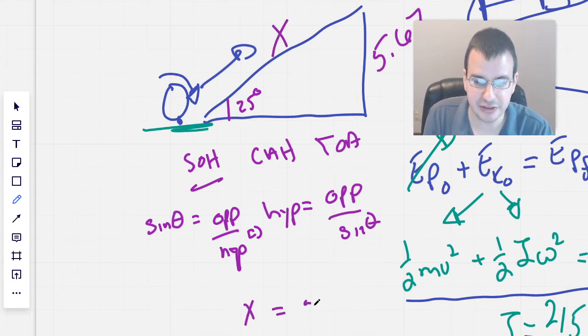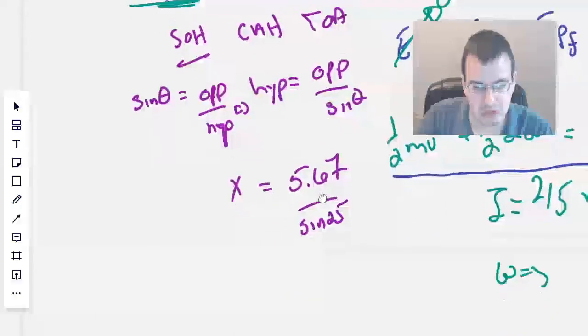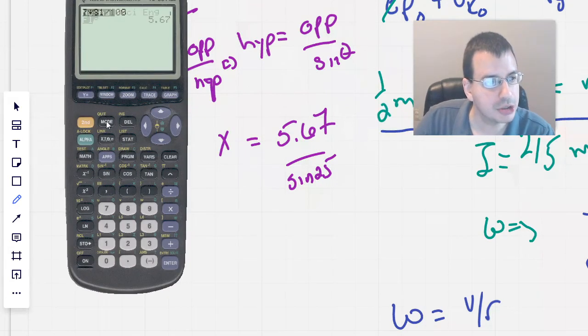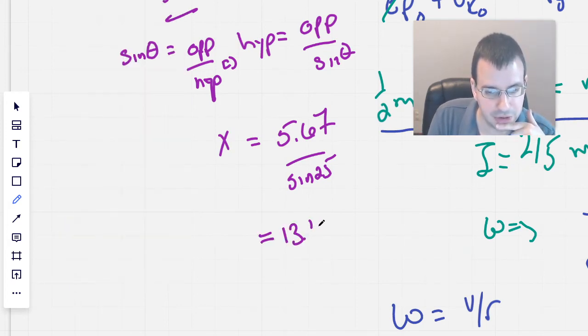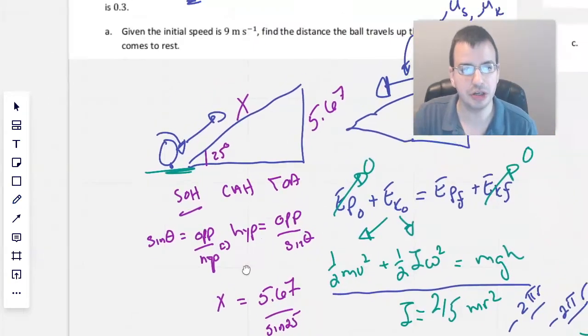X is 5.67 over sine of 25. Yeah, seems okay. Maybe let's do this. So make sure we're in degrees. We are in degrees. We'll do 5.67. Good. Divide by sine of 25. And that gives us 13.41 meters, which is a pretty good roll.